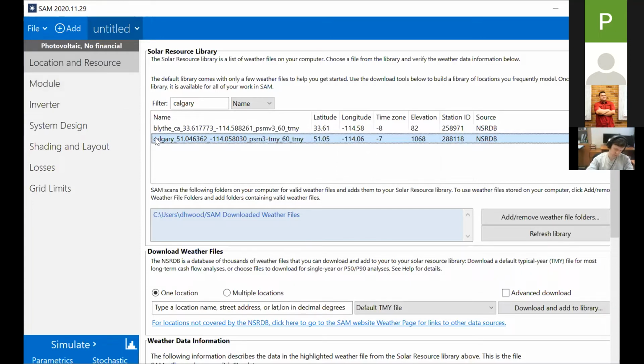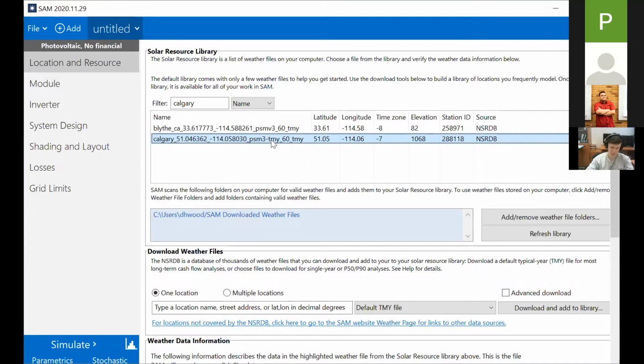I found I was able to download a weather file for Calgary, and you can see that file is highlighted here. It shows the latitude and the longitude of Calgary, and following on from that is information that has the symbols TMY, and TMY is a very common quantity in these sorts of simulations.